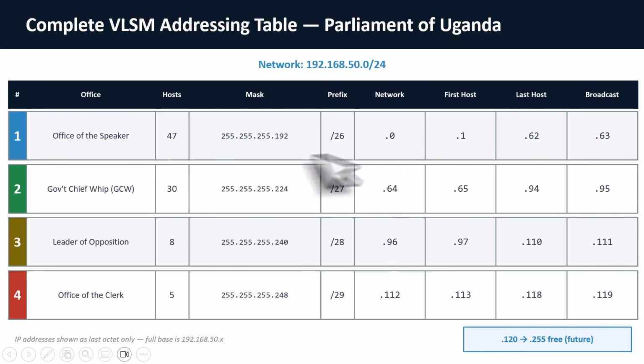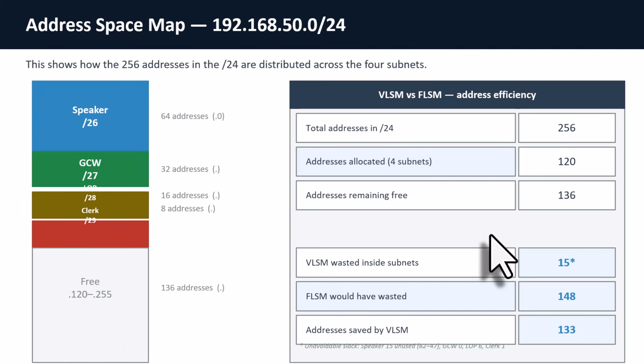Here I wrote dot dot because the space is not enough, but these are the calculations that we made. You saw how we made them and we arrived at this. So we still have one from 120, the next network address, to .255. All of these are free, and if another office comes, we can later on use them to subnet and create another network.